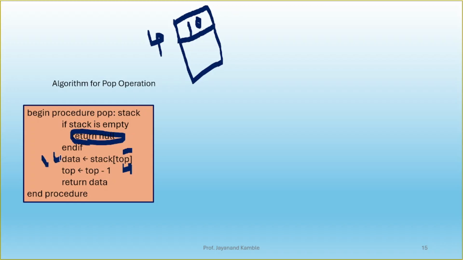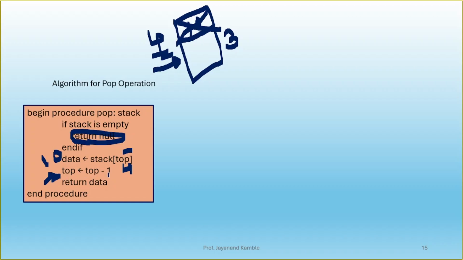So 10 is saved and we give the message that data 10 is removed from the stack. Now when this data is removed, my stack should point to the previous element of the current element. So top will be decremented by 1 and now top is going to contain the value 3. So that is what is done here.